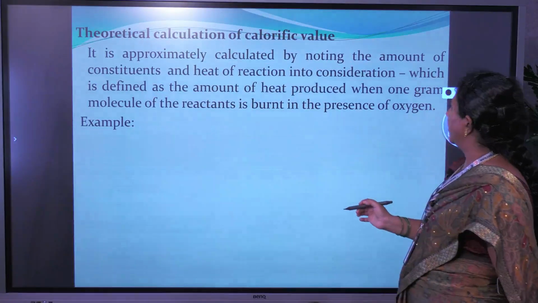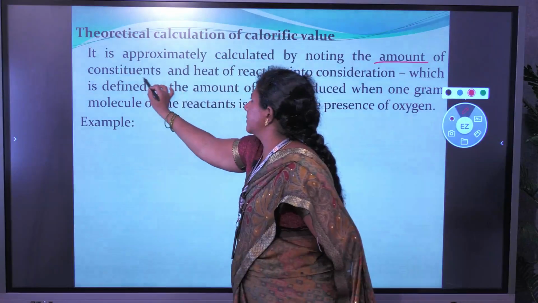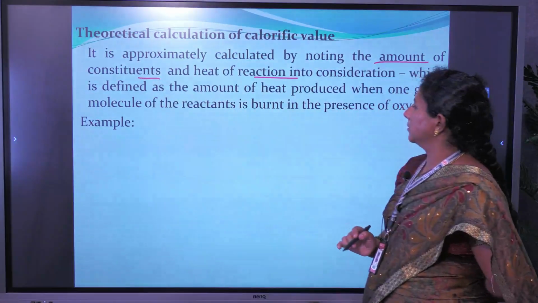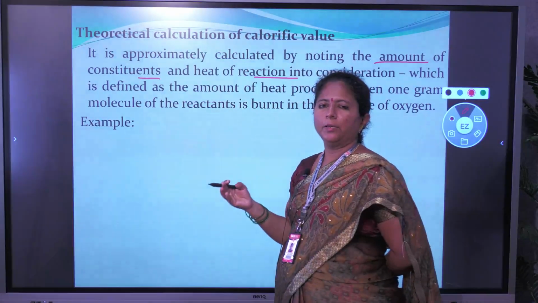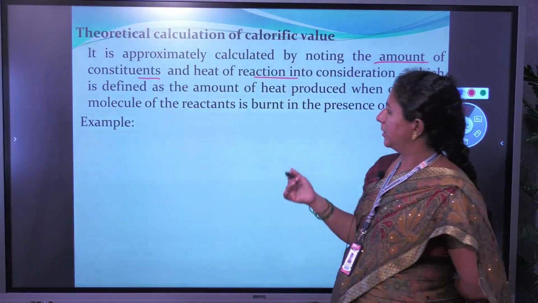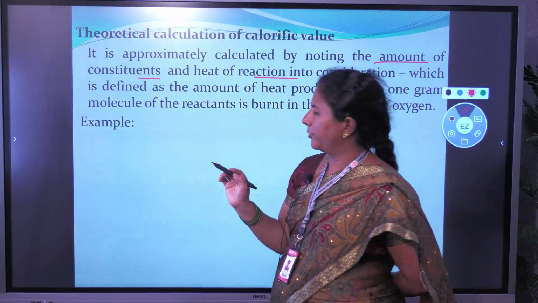So here what we should take into consideration? Amount of constituents and heat of reaction. In general the constituents of any fuel will be carbon, hydrogen, oxygen, sulfur. These are the common constituents existing in a fuel.